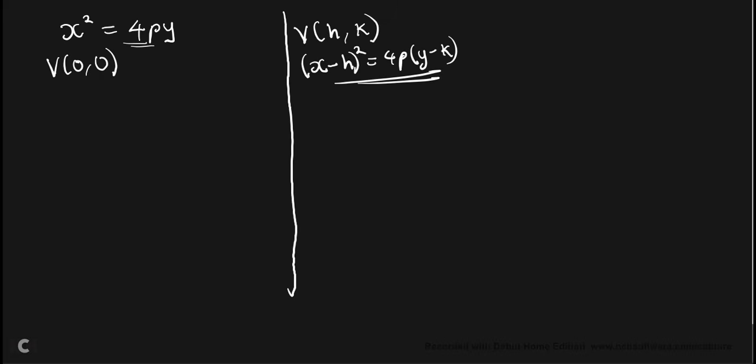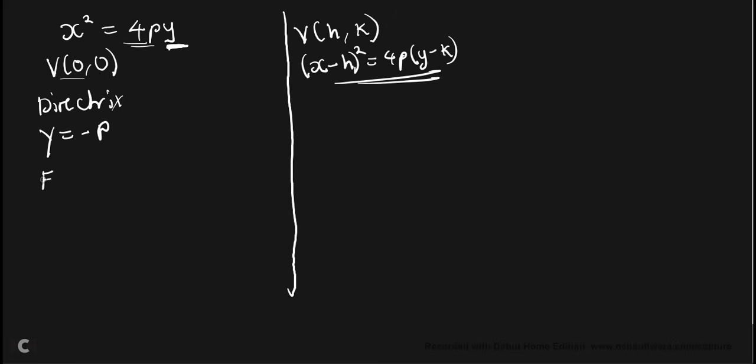Then here, let's find our Directrix. In this situation, our Directrix will follow the one which is not squared, the x or the y. Here it is the y which is not squared, so our Directrix is in the y-axis. So it will be y equal to negative p, like that. That's our Directrix.